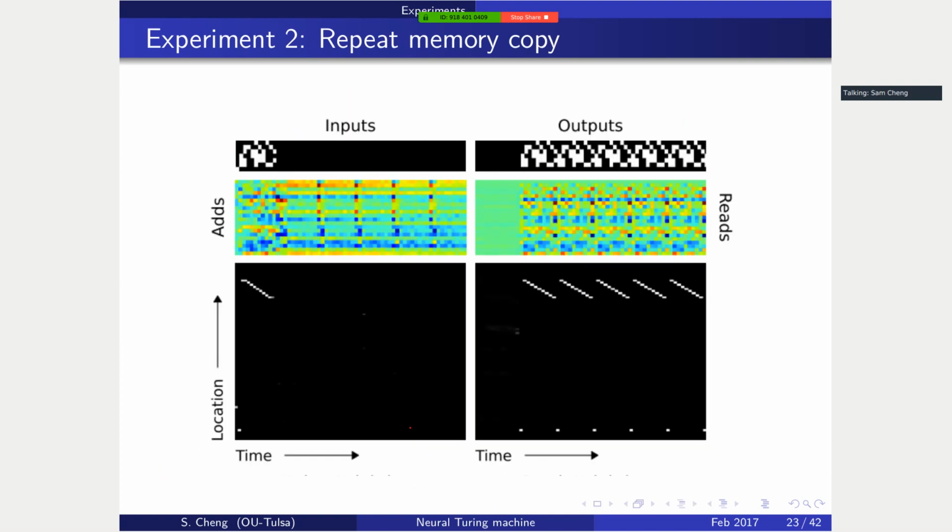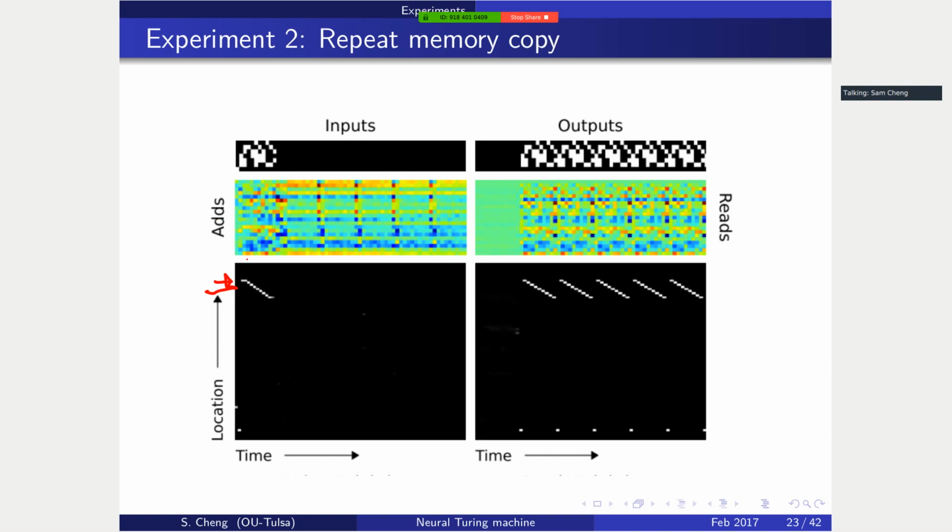And again, it's interesting to look at the W vector. So in this case, you have the input, and you're going to write at each of these locations when we try to copy.